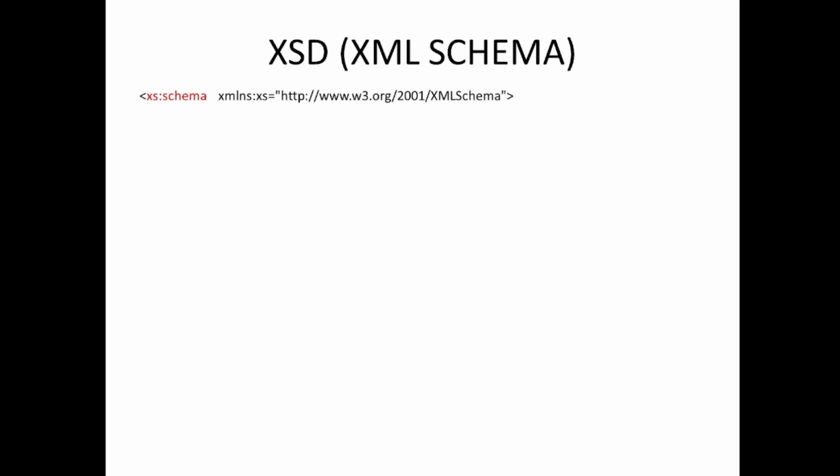And there we have to specify the schema URL. So here you can see xmlns:xs, and here it is given a URL path, http://www.w3.org. This is the portal where the XML schema is defined, and 2001 is the year it was defined.